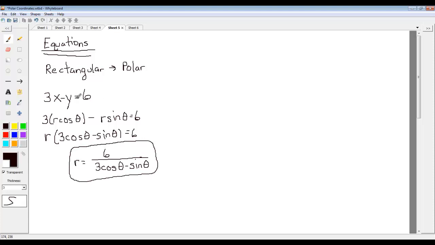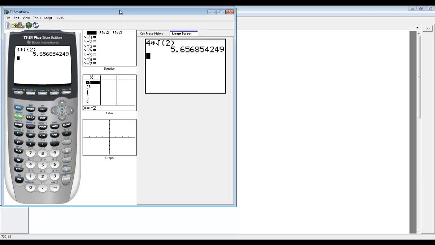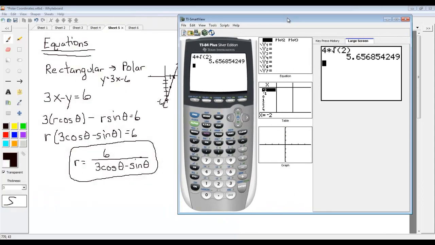If you take 3x minus y equals 6 and you graph it right now, it has a y-intercept at negative 6 and a slope of 3. 1, 2, 3, 1, 2, 3, and it looks roughly like this. But let's put this in the calculator and graph it in polar form.